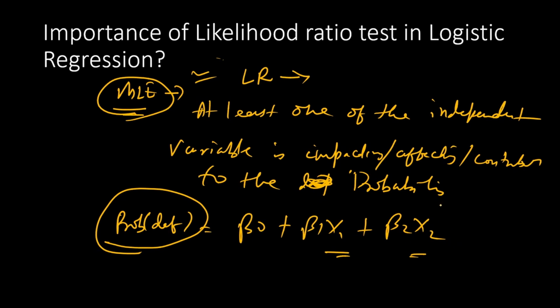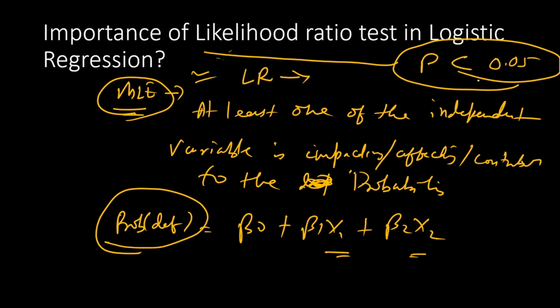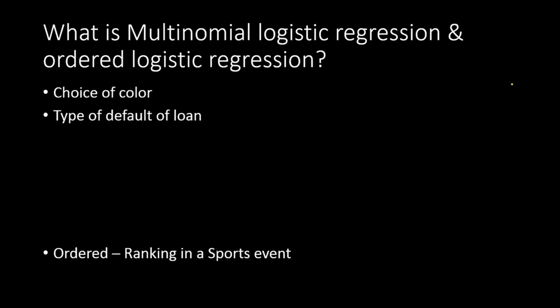Hence, before even going to see the concordance values or the MLE estimates, one should look at the likelihood ratio test and ensure that the p-value is less than 0.05. Ensure that this is true. If this is not true, then better you don't look at any other results in the logistic regression. So this has to be the basic criteria, the bare minimum criteria, before you can go ahead with other results.